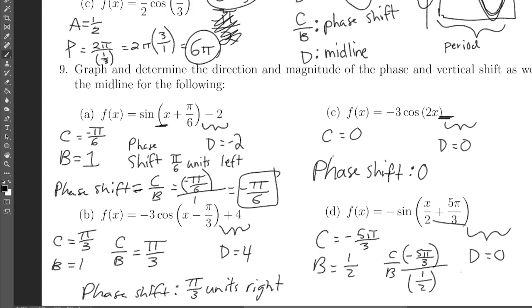Dividing by 1/2 is the same as multiplying by 2 over 1, its reciprocal, and so that's how I got negative 10 pi over 3. So our phase shift is 10 pi over 3 units left. Again, this tells us it's a left, and this being negative tells us it's a left.